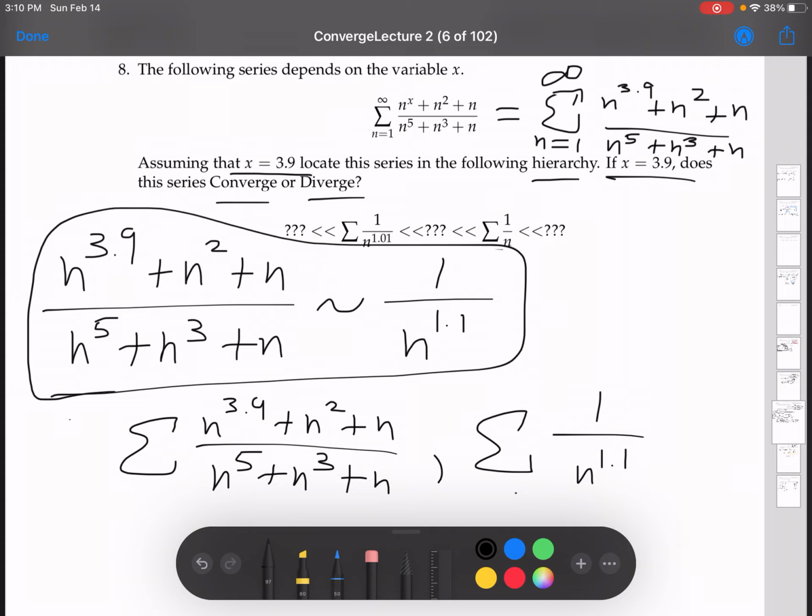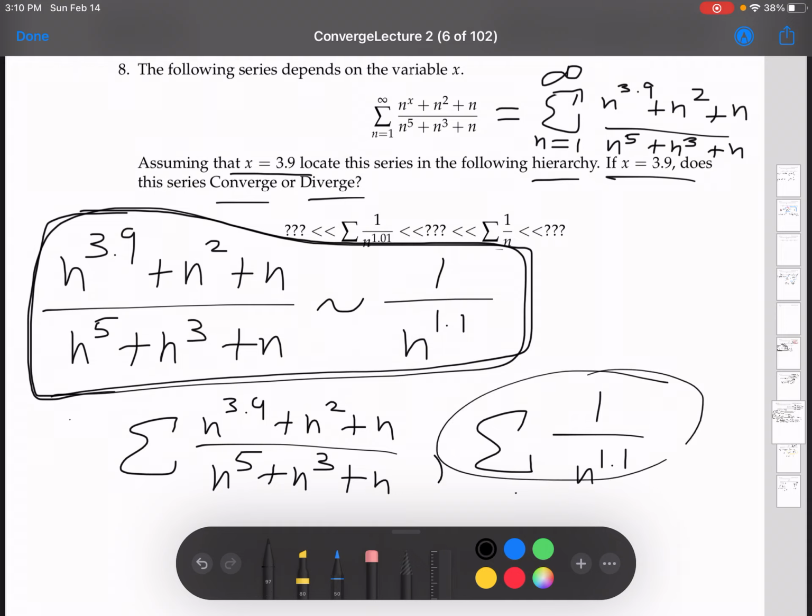Both of these series either both converge or both diverge because the sequences defined by their rules are similar. They're related by tilde.